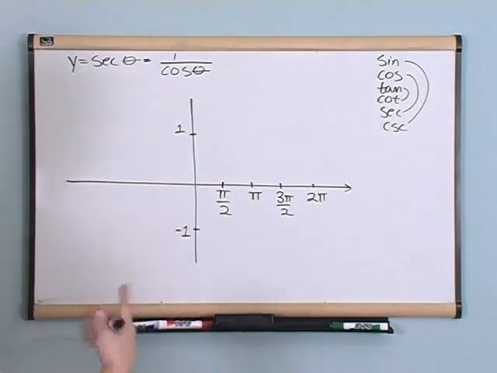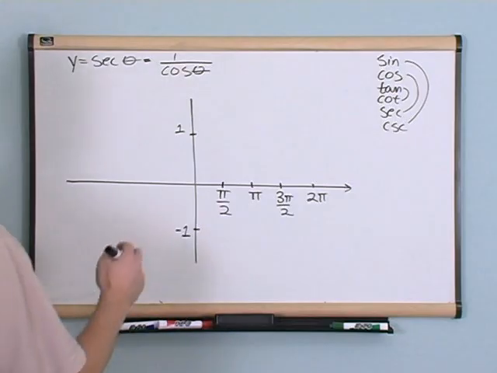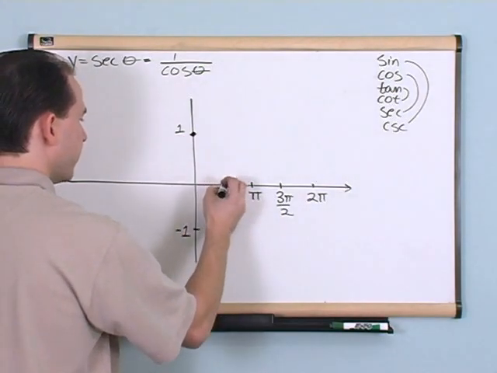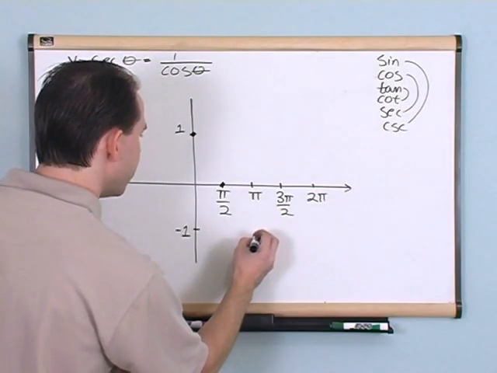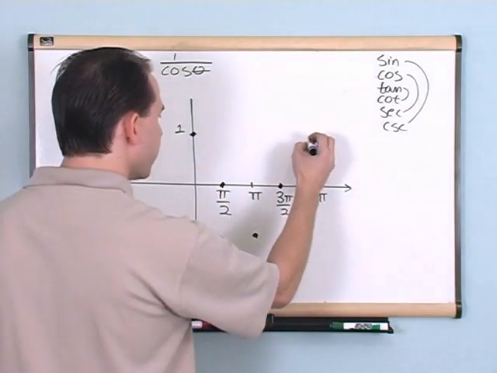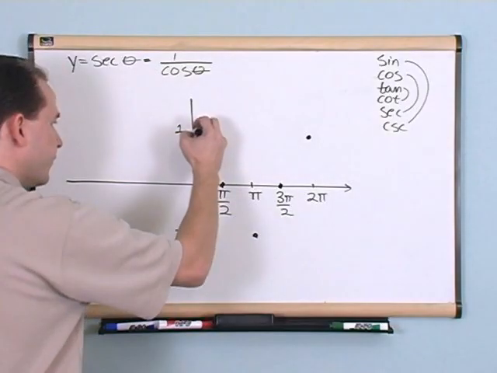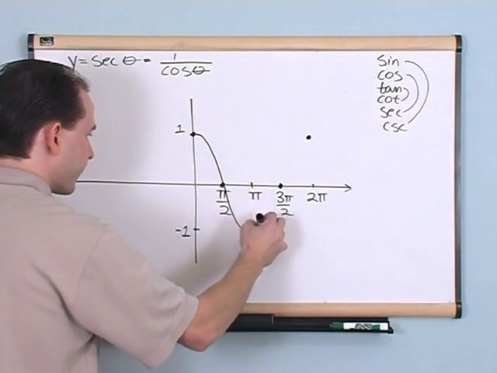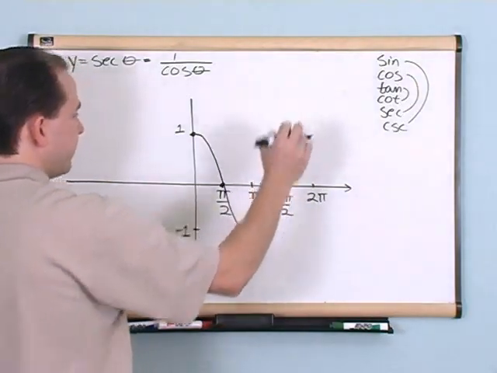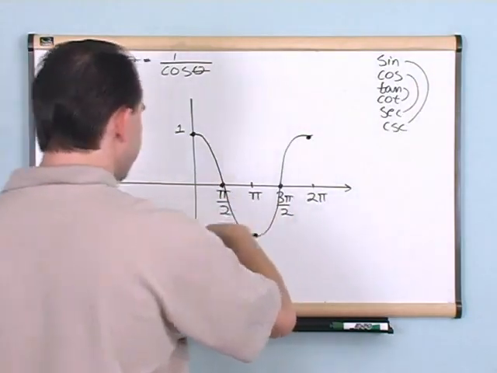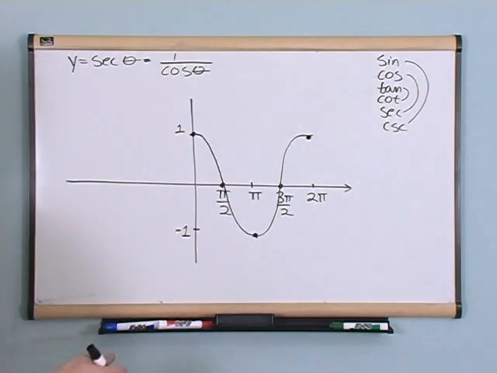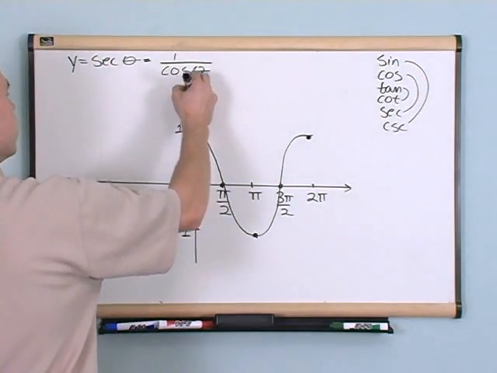I'm going to speed things along a little bit here, but I think you can convince yourself that the plot looks something like this, and you'll get to the point where you can memorize these after a while. Cosine function starts at 1, goes down like this, goes up like that. Okay? Now this is a reference. This is not the problem you're given. This is something that you're going to use to help you graph this function.